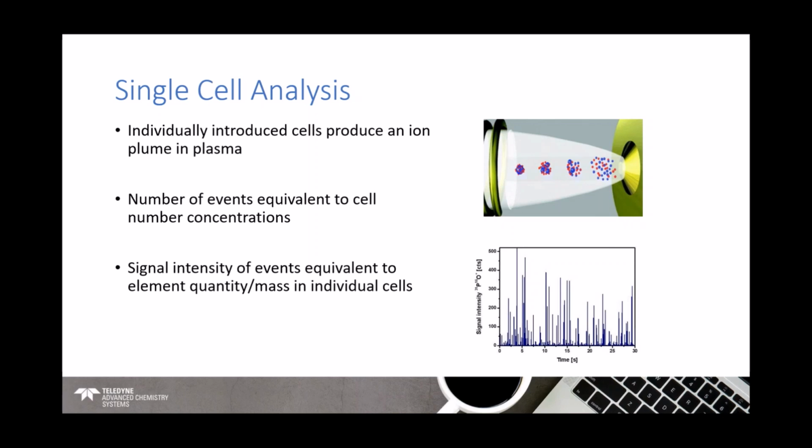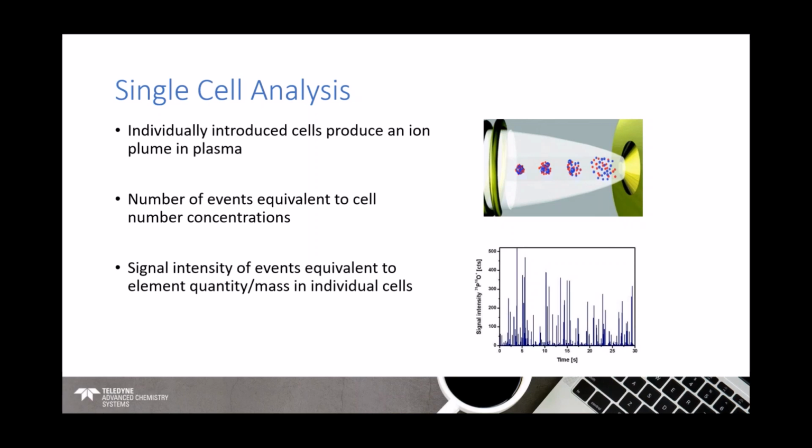The intensity of these events is equivalent to the element quantity. So much like we're doing detection on a homogeneous sample, we are able to take this data and turn it into concentration data or mass per cell data, for example.